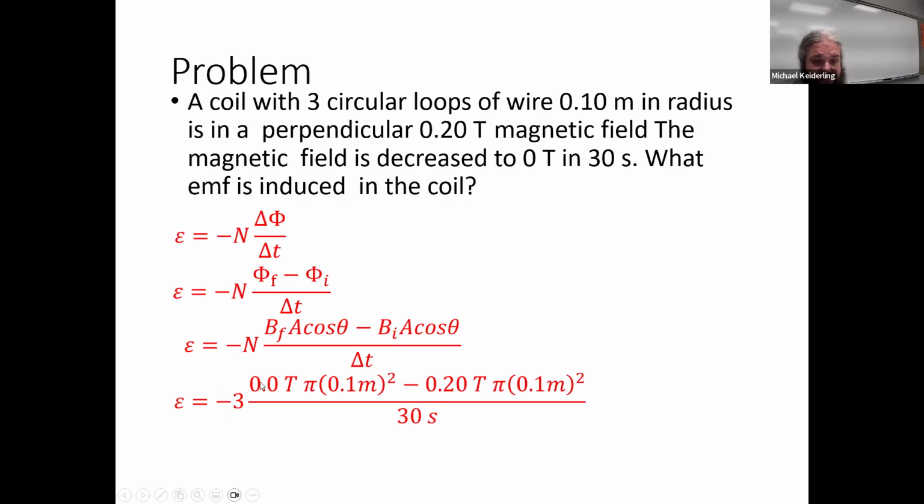So minus 3 times: the final flux is 0 because it's a 0 Tesla field. The area is pi times 0.1 meters squared. The initial flux is 0.2 Tesla times pi times 0.1 meters squared. The whole thing is divided by 30 seconds. And this gets an induced voltage of 0.0063 volts.